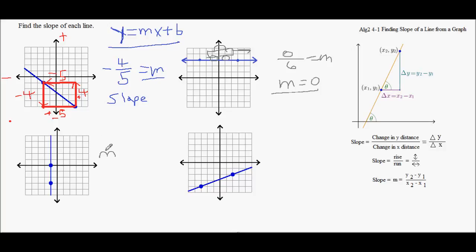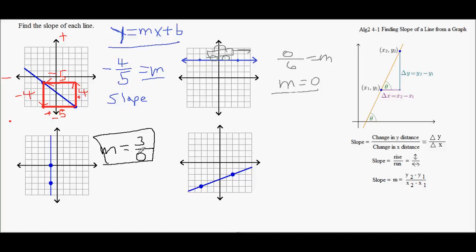And then this one here, the slope, let me use black. So up and down is 1, 2, 3, right? And the bottom is 0. I'm not going sideways, right? I see a lot of kids will write this.